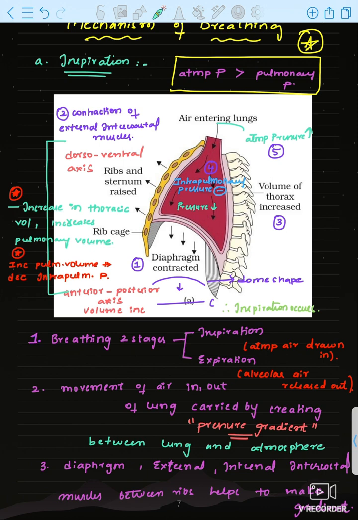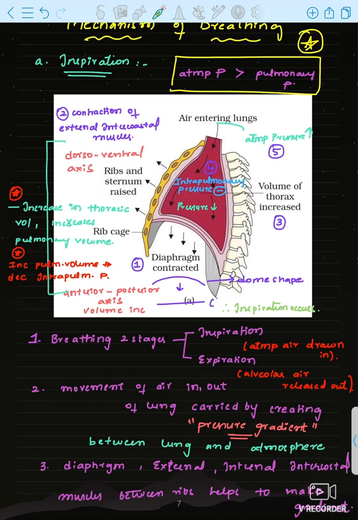First, below the lung there is a dome-shaped diaphragm and laterally ribs are present. In between the ribs muscles are there: external intercostal muscles and internal intercostal muscles.